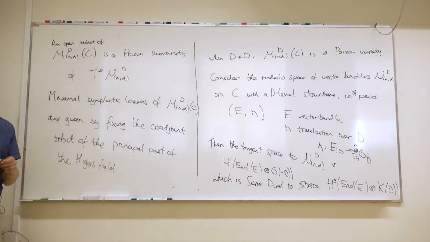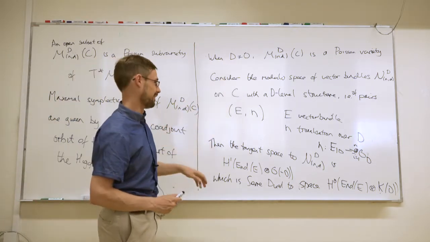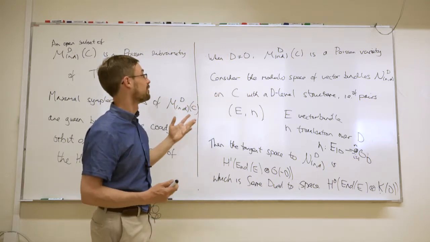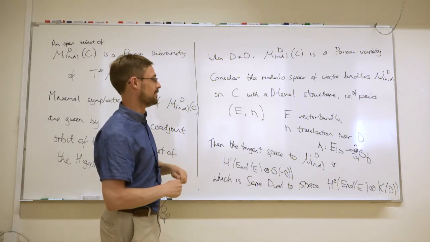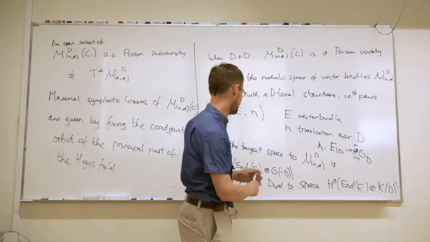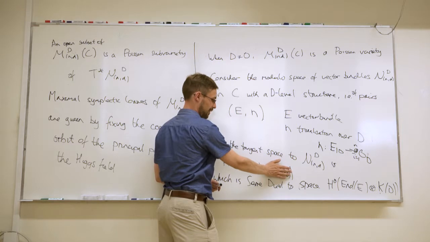So there's sort of two things you can do. Your problem on the face of it, if you're considering this moduli space of D-twisted Higgs bundles, is that you have this as your space of Higgs fields, but you have this untwisted guy as the cotangent space, the tangent space to the space of bundles.